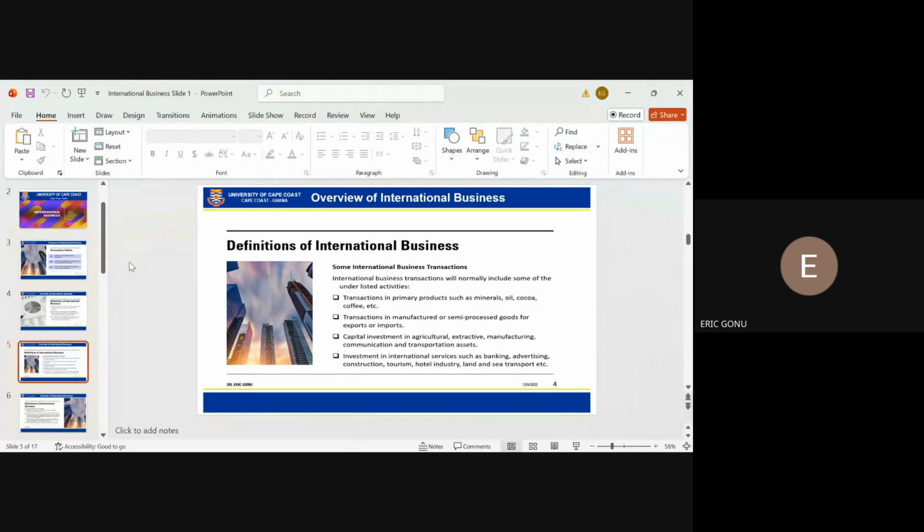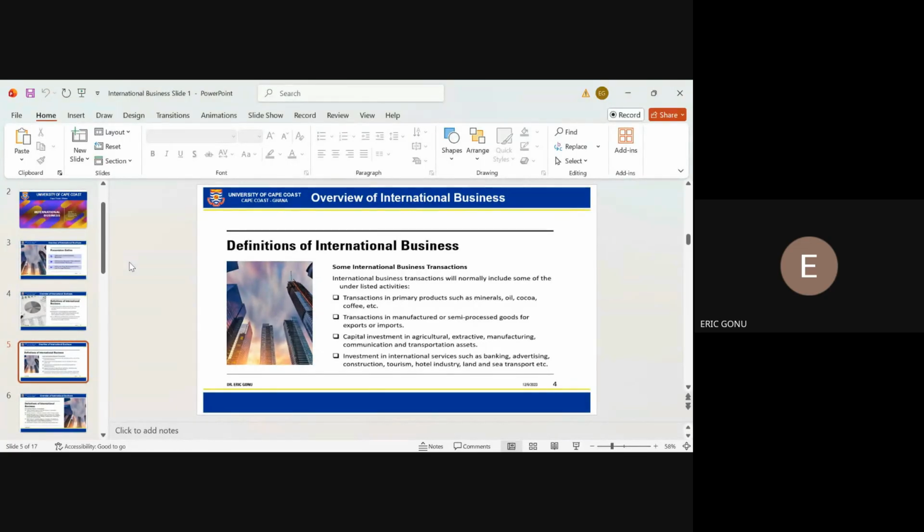Then the third one is capital investment in extractive, manufacturing, communication, and transportation assets. Capital investment means you invest in building factories to manufacture, like, let's say, MTN building infrastructure here in Ghana to undertake telecommunication activities.